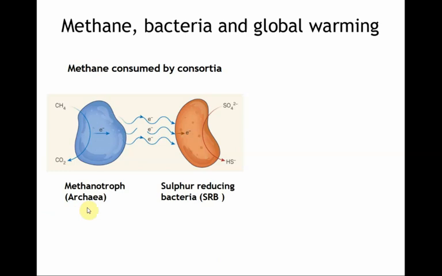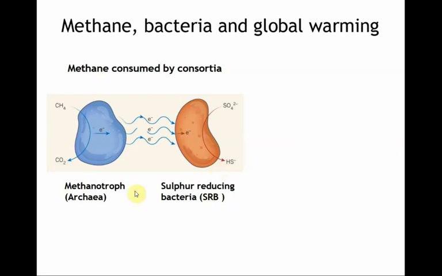They need to grow with other types of bacteria in a symbiosis. So, for example, you'll have the methanotroph, which is oxidizing methane to carbon dioxide. This will give it a lot of electrons, but it's got to find an electron acceptor in order to keep cycling the metabolism. And that's the role of the other bacterium in the symbiosis.